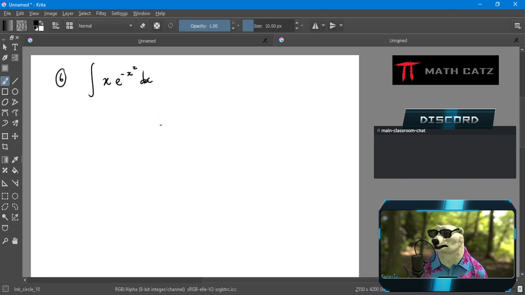So, yes, there aren't any brackets, but I see a function of a function right there. And with practice, that will become easier. So I let u represent that inside function. Then I simply take the derivative of that, which is negative 2x.